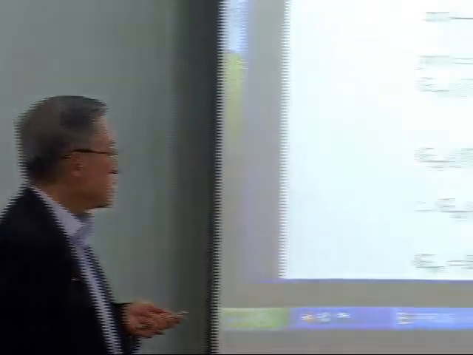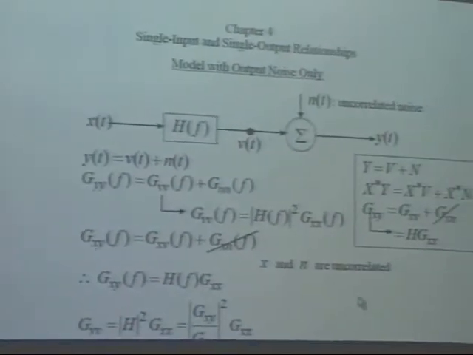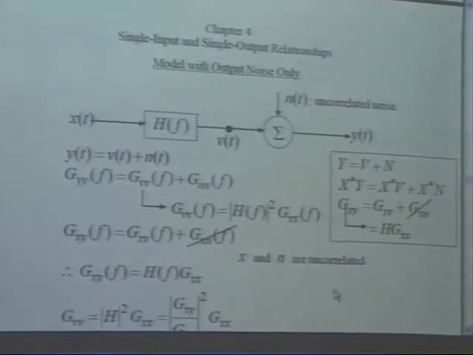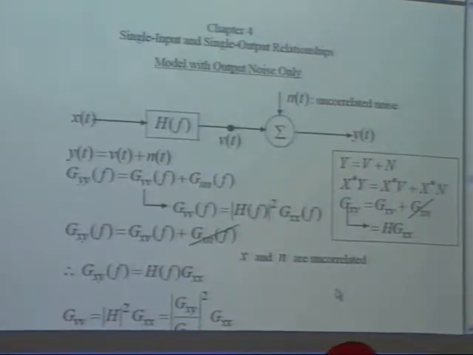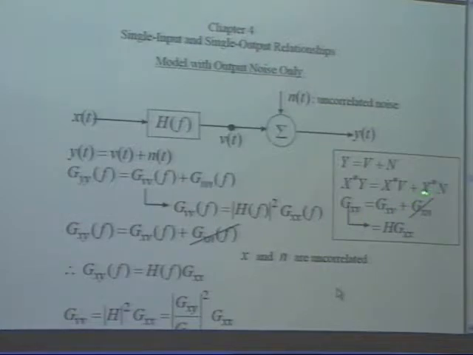So Y star X star Y is X star V plus X star N. This is the way I put out the expression using the G, okay? So this is a Fourier transform notation using the FFT routine. You can solve this problem like this. Gxy is equal to Gxv plus Gxn.